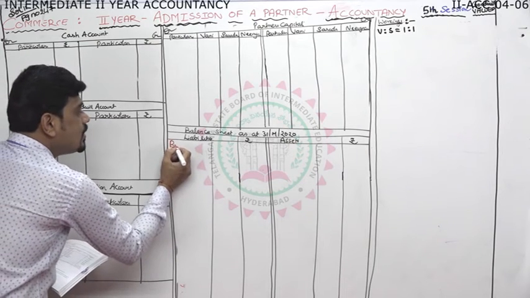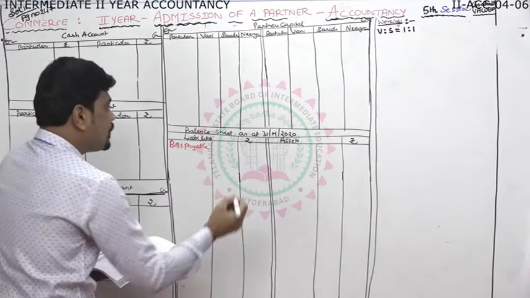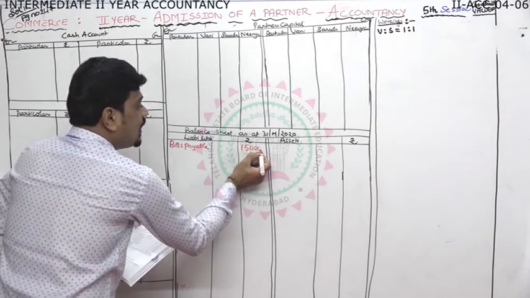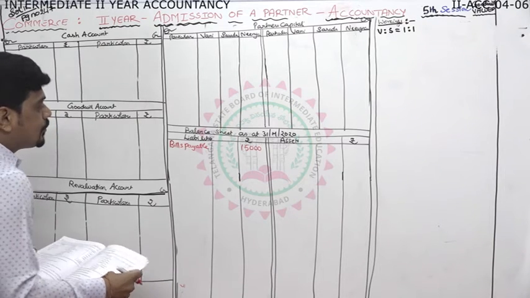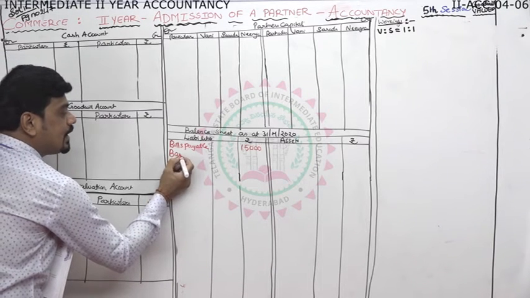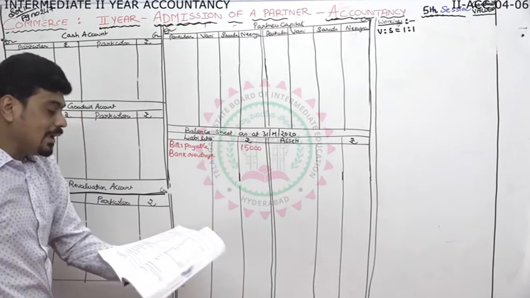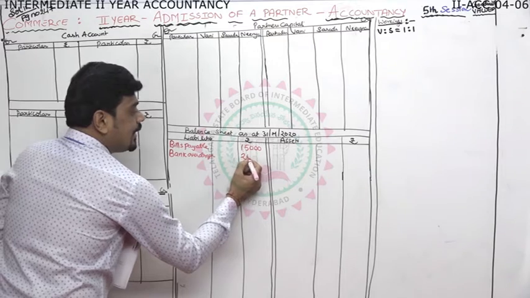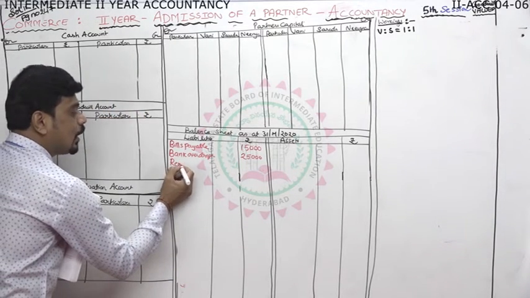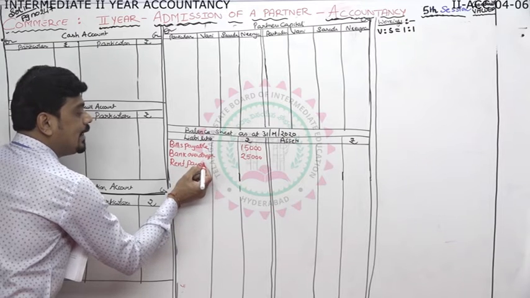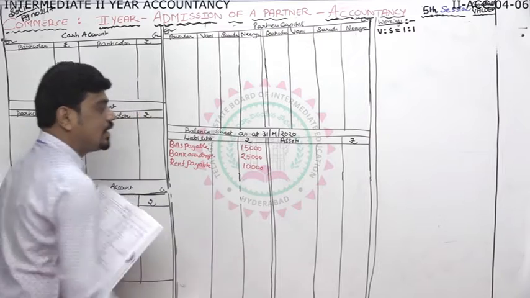So bills payable as it is in the liability, 15,000. Followed by bank overdraft. Bank overdraft is also a liability, so it is posted without any difficulty, 25,000. Then rent payable, nothing but outstanding rent, so we post a liability of 10,000.